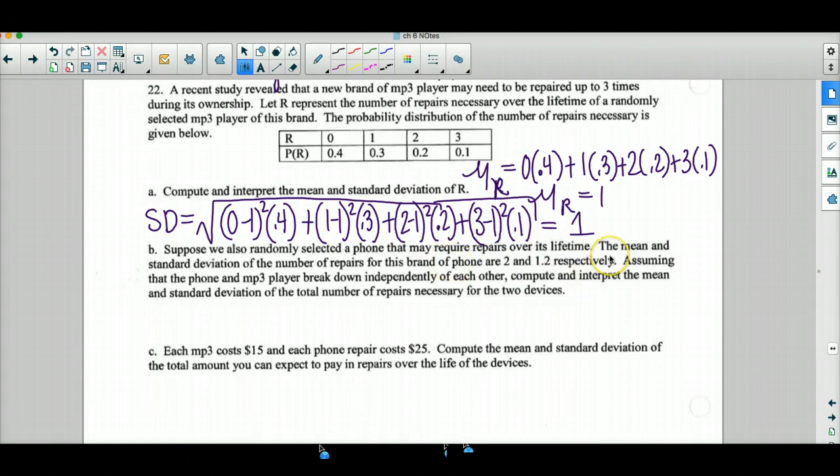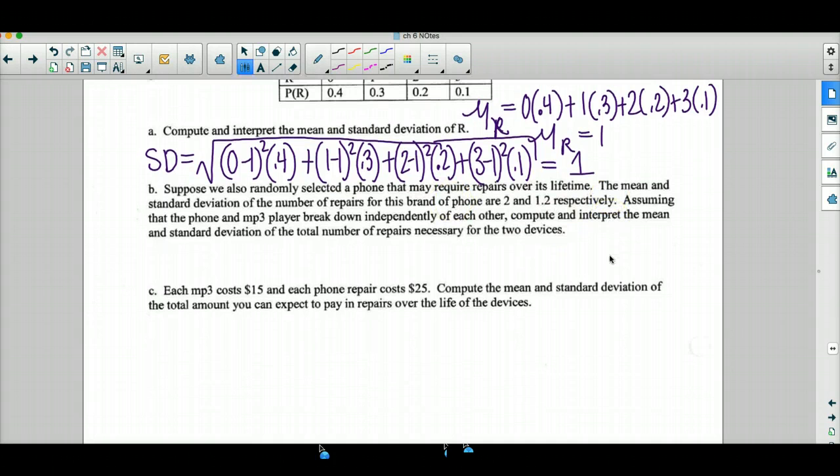Thank you. Suppose we randomly selected a phone that may require repairs over its lifetime. The mean and standard deviation of the number of repairs for this brand of phone are 2 and 1.2 respectively. Assuming that the phone and MP3 player break down independently of each other, compute and interpret the mean and standard deviation of the total number of repairs.